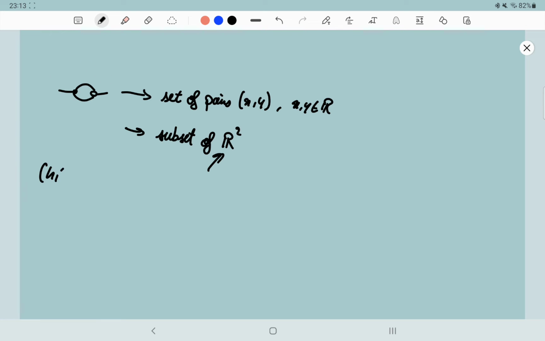So the pair 4, 5 is not in the set. Let's call it S, subset S. But the pair 1, 2 is in S, because remember, that's the equation 2a equals b. 1, 2 is in S.